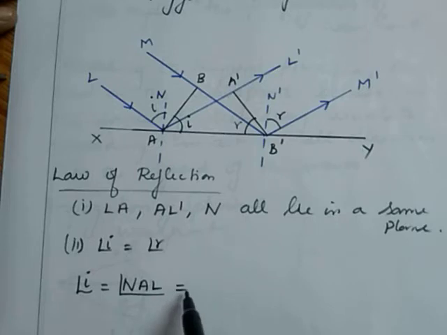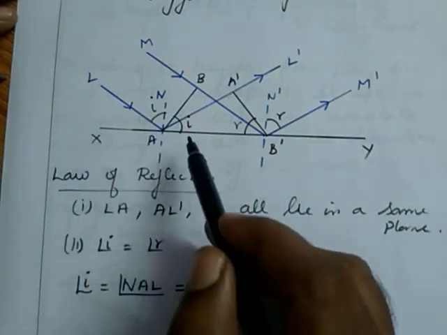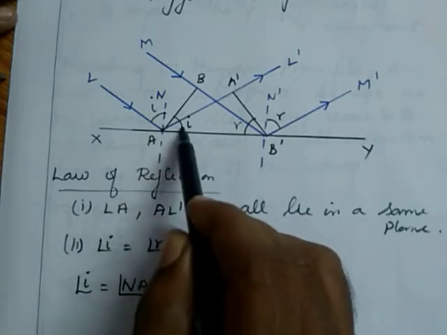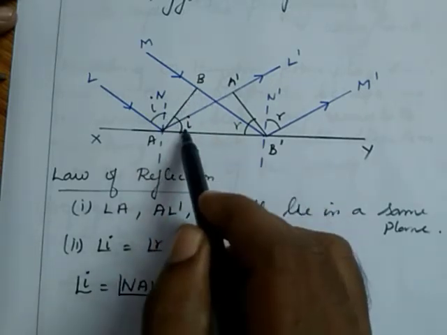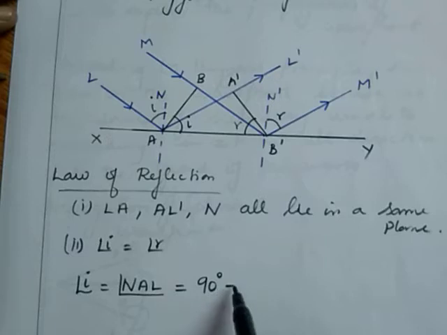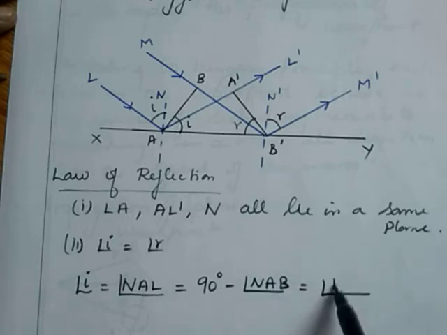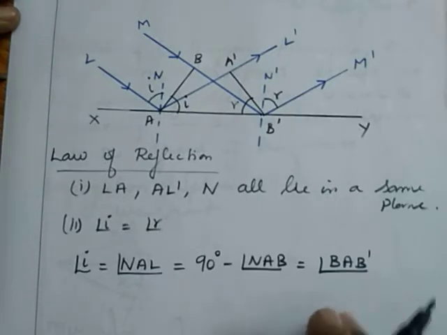Angle i is NAL. That can be written as 90 minus NAB. That gives angle BAB dash, that is 90 minus angle NAB. This is the angle of incidence.